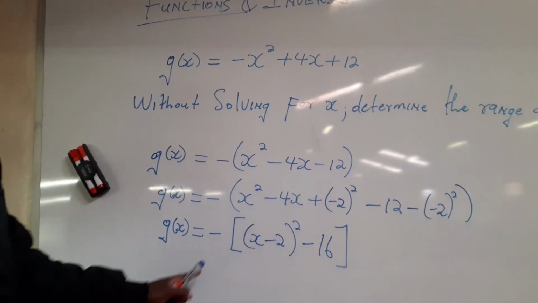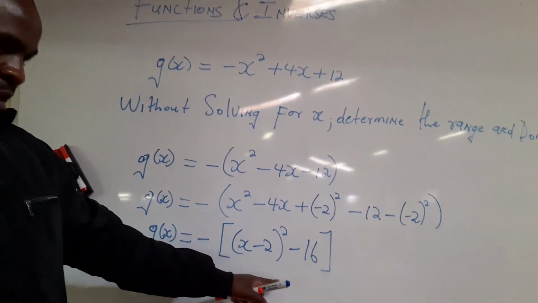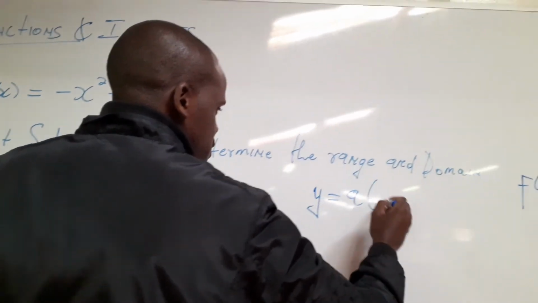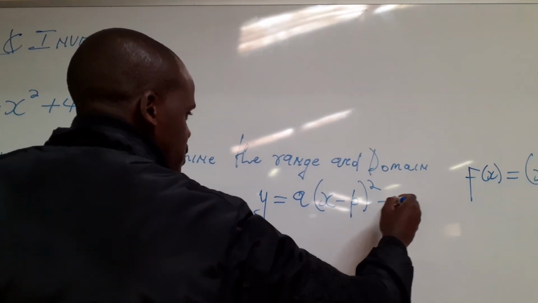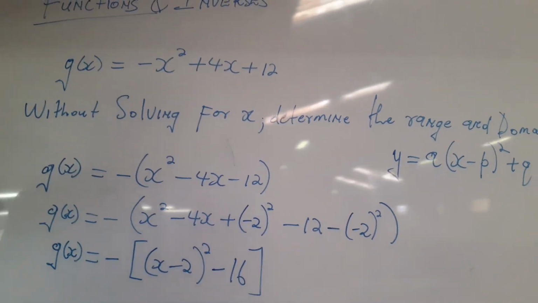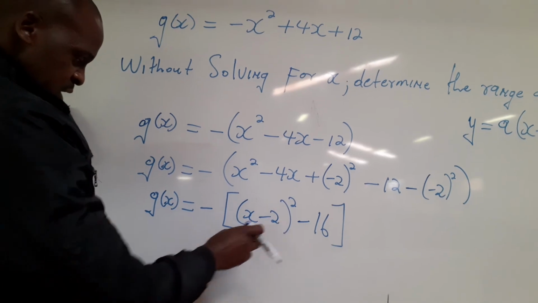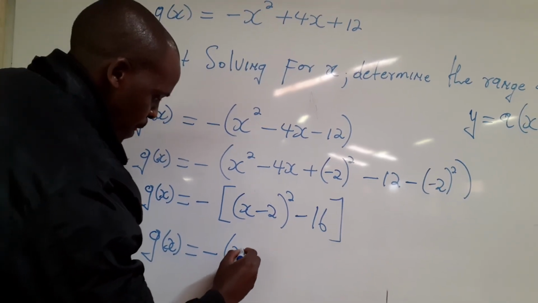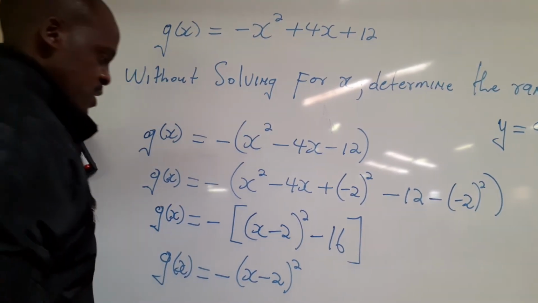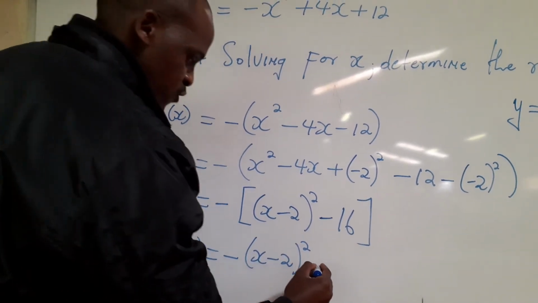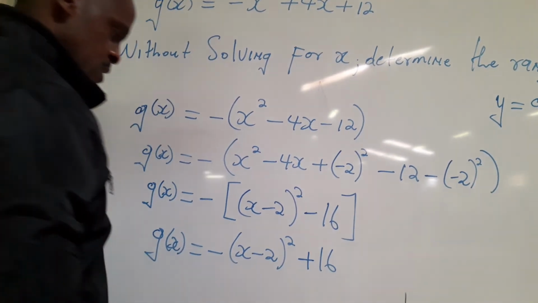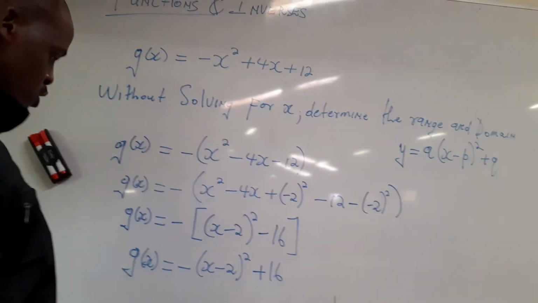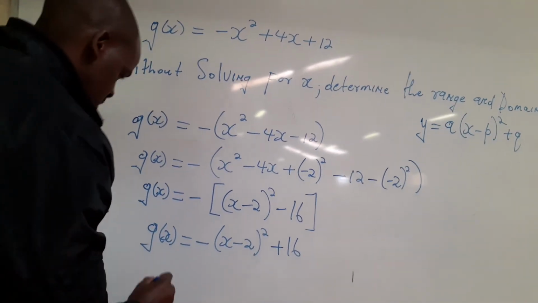And then we now have to solve the brackets so that our equation will be in the form y equals a into x minus p all squared plus q. Negative times this bracket will give us negative into x minus 2 all squared. Negative times negative 16 will be plus 16. So our equation is now in that form, so we can find the turning point.